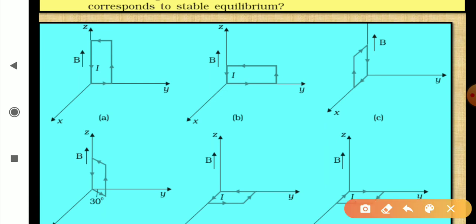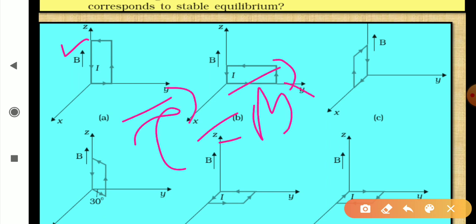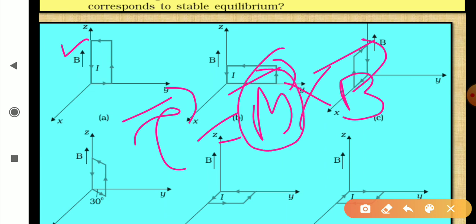To begin with this one, here the B is along Z, and torque is equal to M cross B, right? So we need to find out M also. Current is known to us, the sides are known, we can find out the area vector. If you look at this one, the current is anti-clockwise.